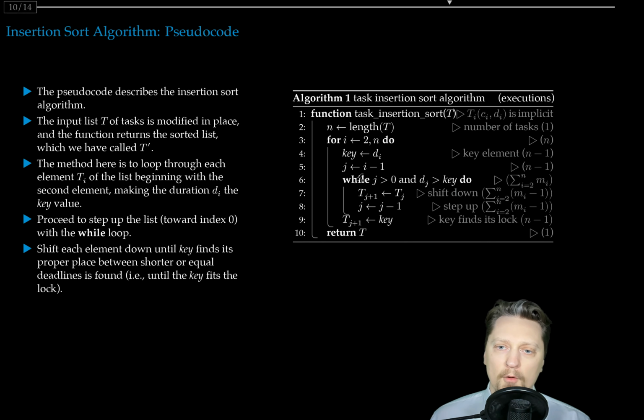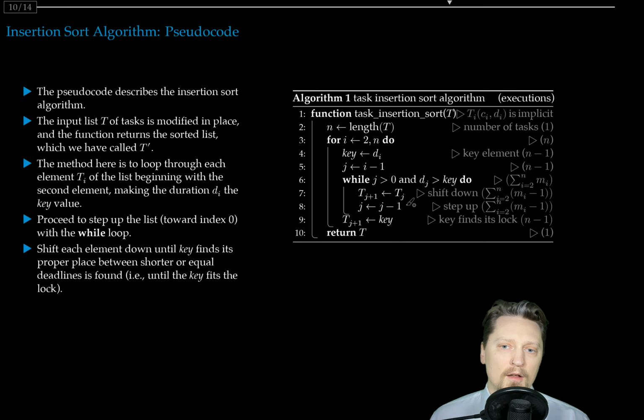Then we have a while loop. In this while loop, we are going to have the conditions that j be greater than 0 and dj, the duration of task j, be greater than the key duration. Okay, so while that is true, we do this. We shift the element in the jth position down, so j plus 1 would be down in the list, and then we step up with our j.